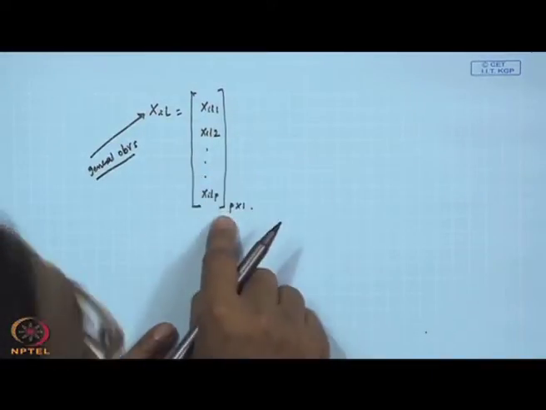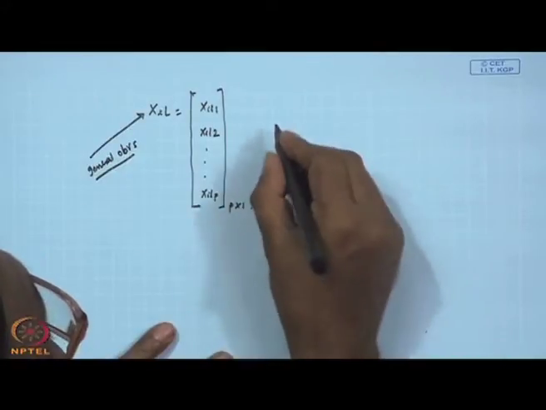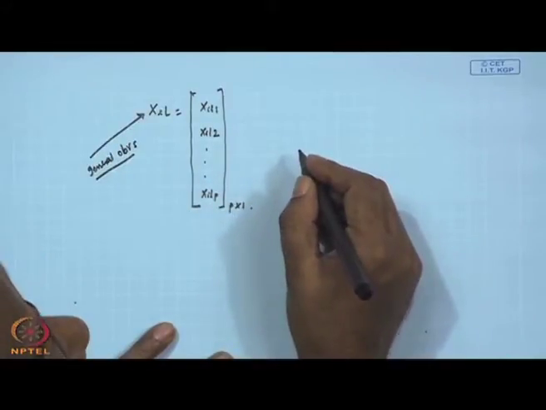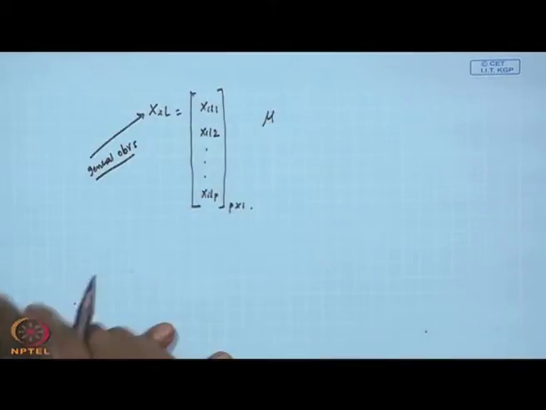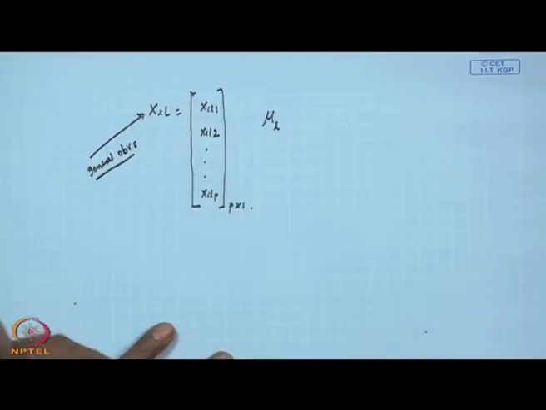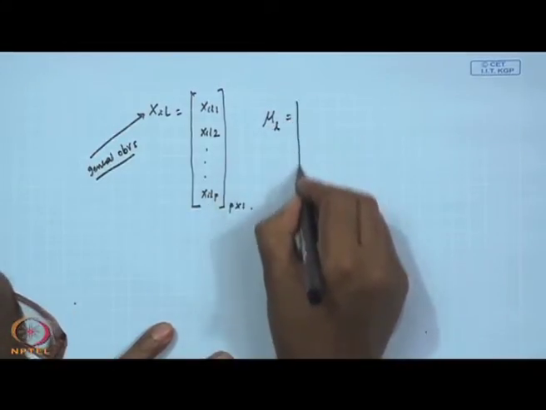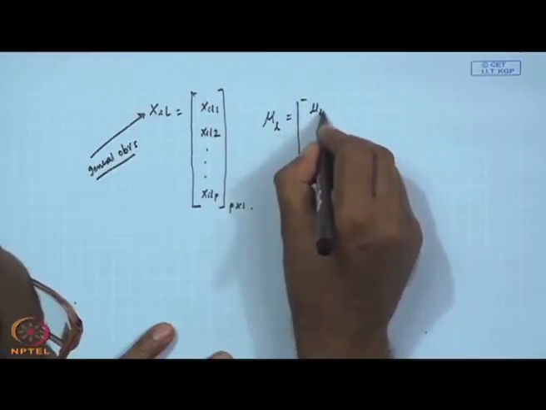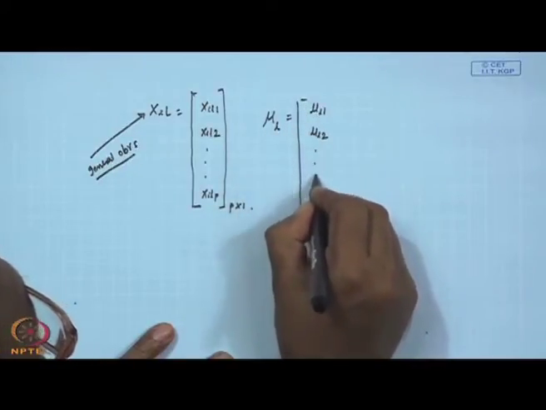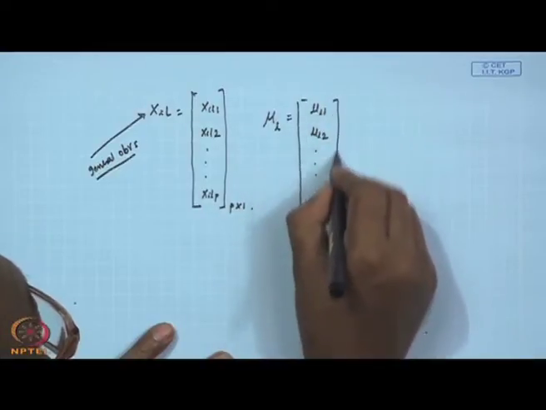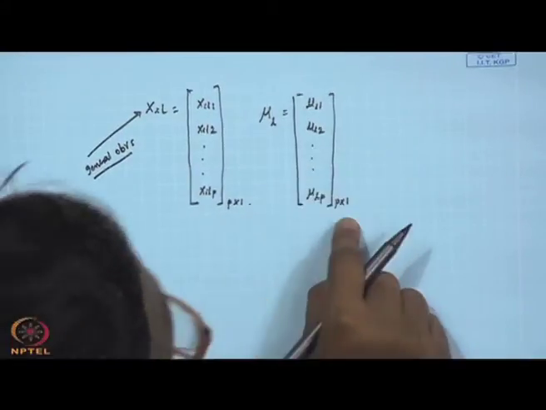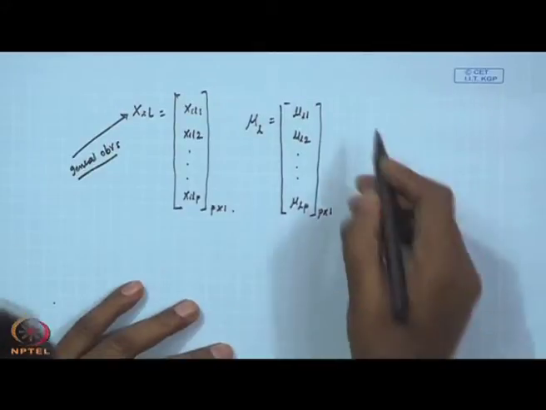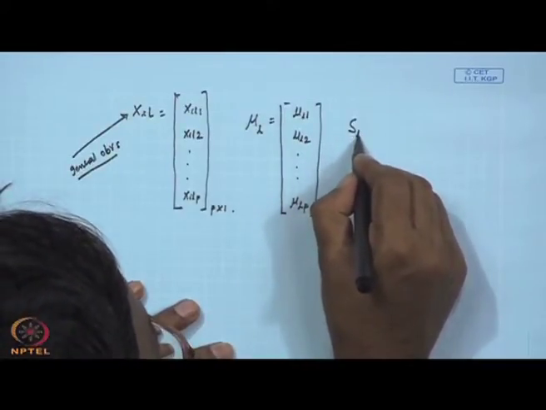As you have p variables, you also have p mean values. So, now I am writing that the mean vector for population L will have p mean values, mu L1, mu L2, like this mu LP, p cross 1. And as there are p variables, again there will be one covariance matrix.